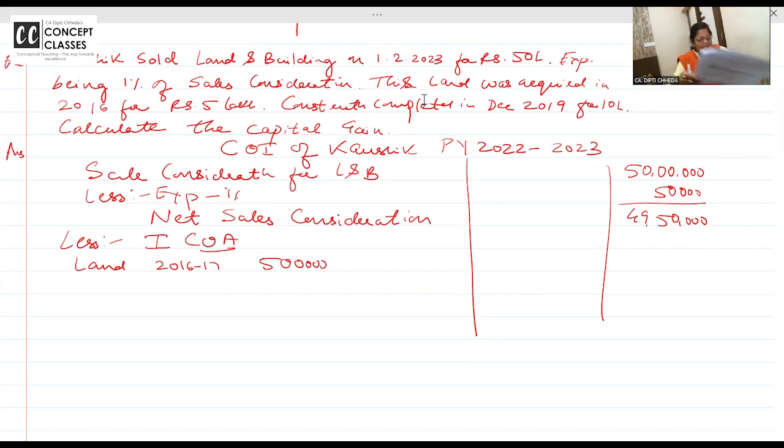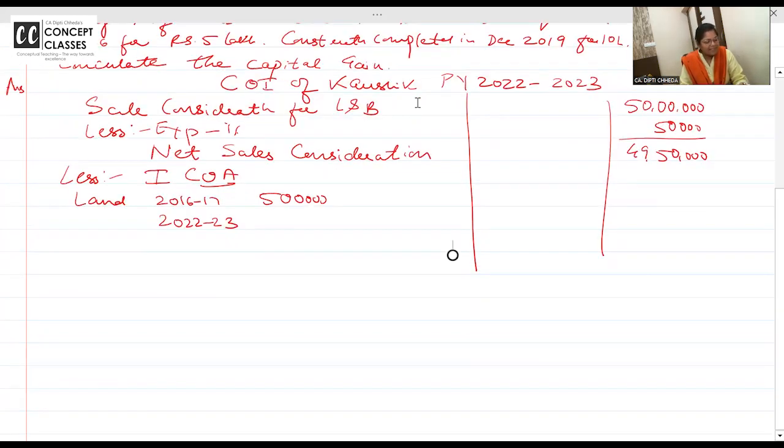Are you all with me on the page number where your index rates are given? And you sold the land also when? 22-23. Now 16-17, what is the index? 264. 22-23, it is how much? 331. Look at the way: there is no formula, there is no magic, it is all logic.